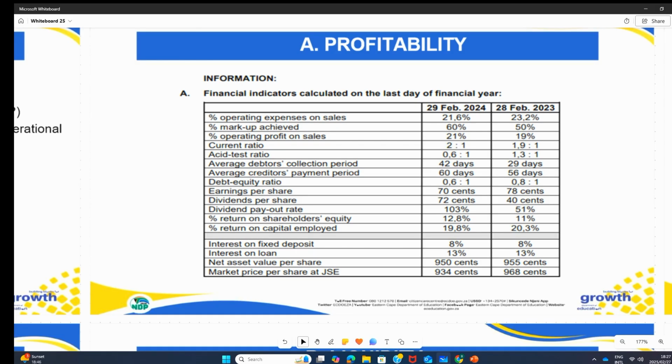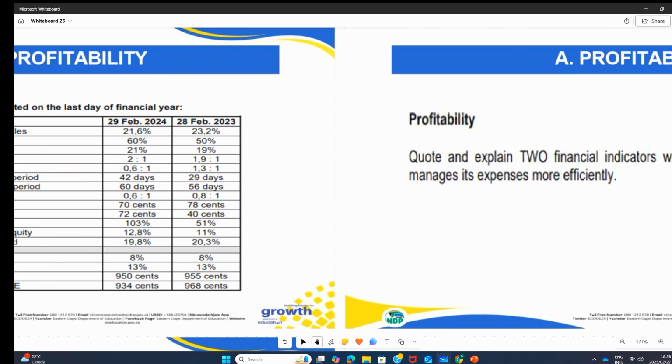As we can see here, we've got percentage operating expenses on sales, we've got percentage markup achieved, and all other financial indicators. Now, let's look at a typical question. The question says, quote and explain two financial indicators which indicate that the company manages its expenses more efficiently.